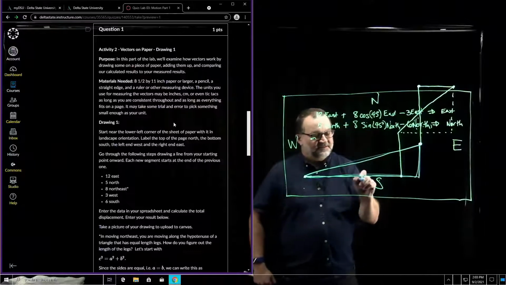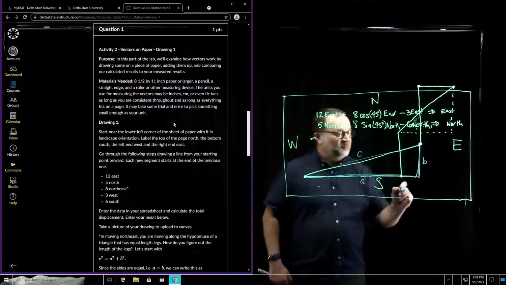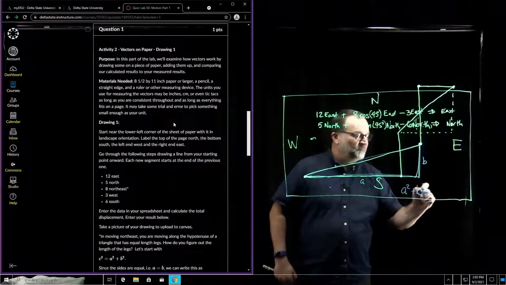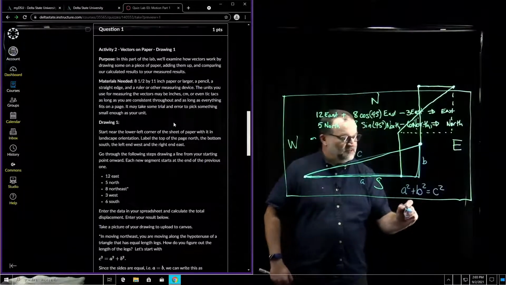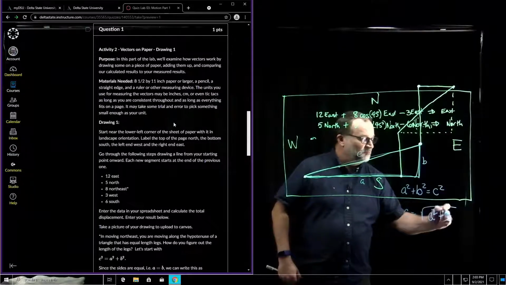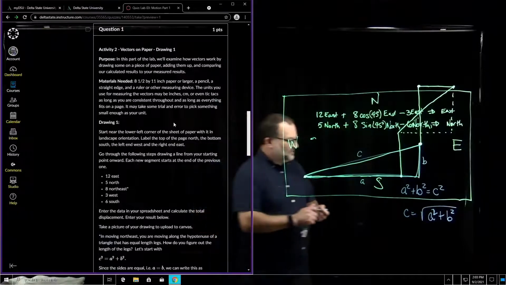And so you take this side squared and that side squared, and you're just using Pythagorean theorem. So C is the square root of a squared plus b squared. And that's how you get through this piece of the problem.